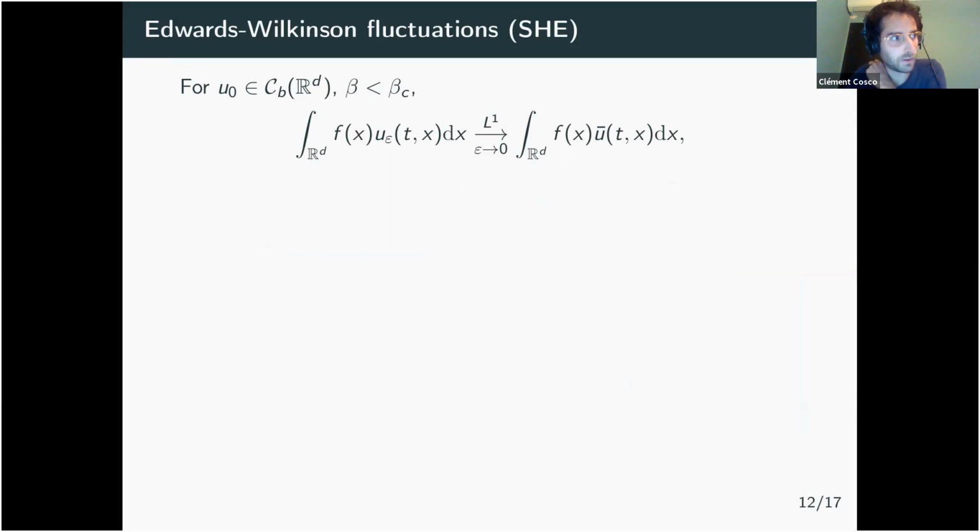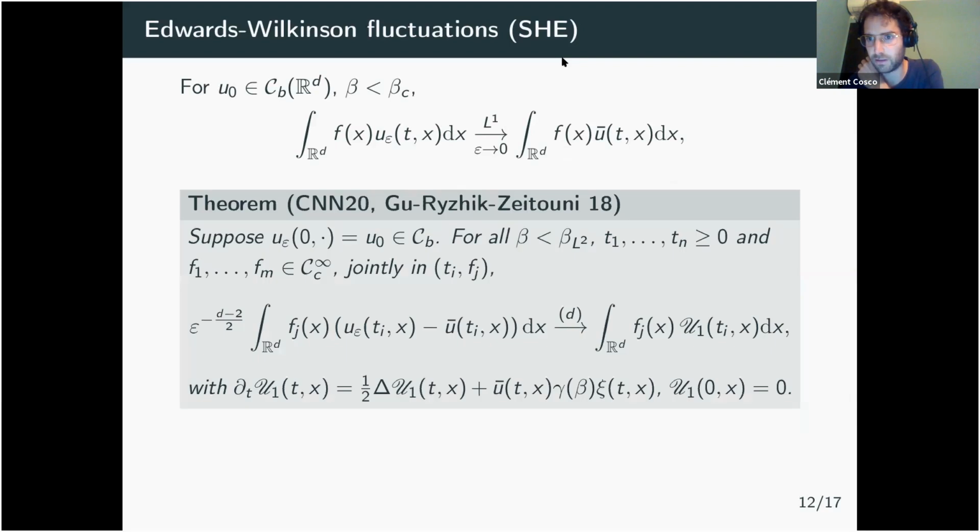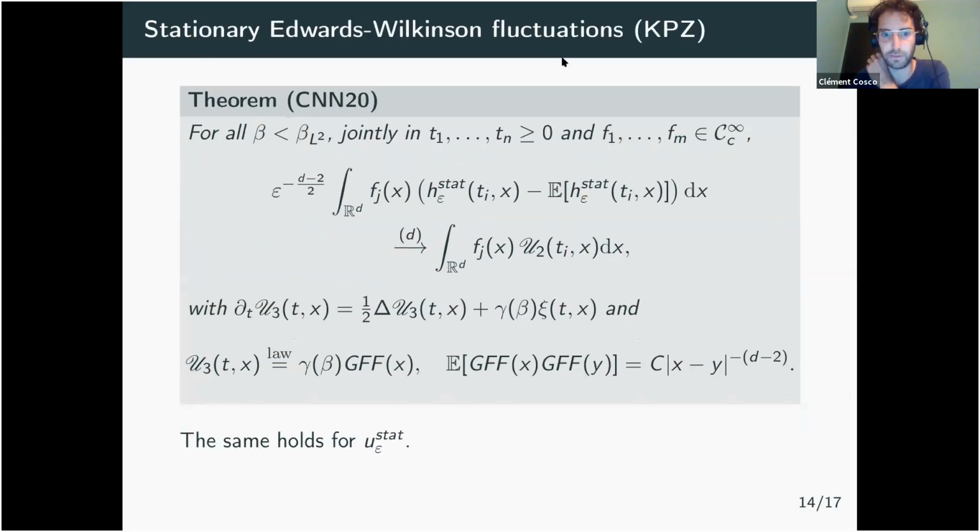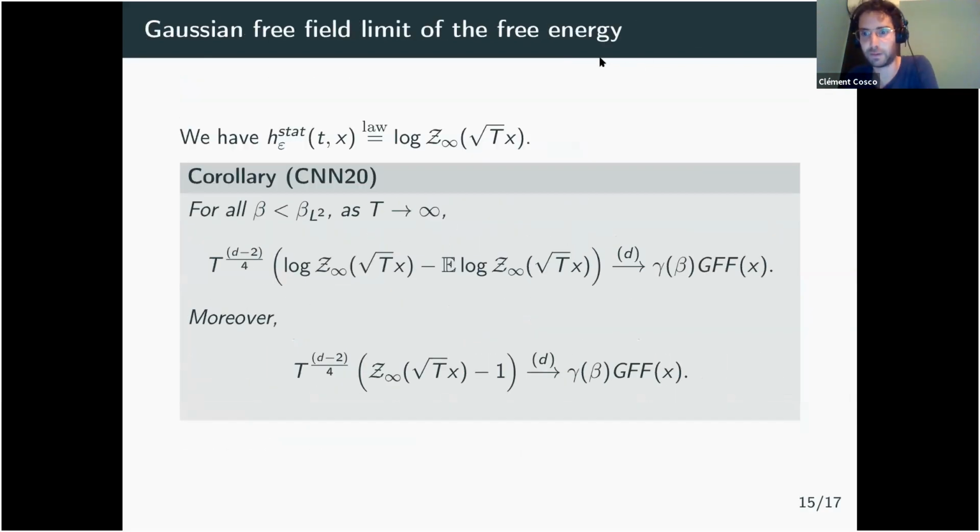The other proofs were done by Gu, Rosati, Tsatsoulis and others, and they used more Malliavin calculus. And the third technique that was used is from the physicists, and it was more about renormalization techniques. I cannot really explain this, at least.